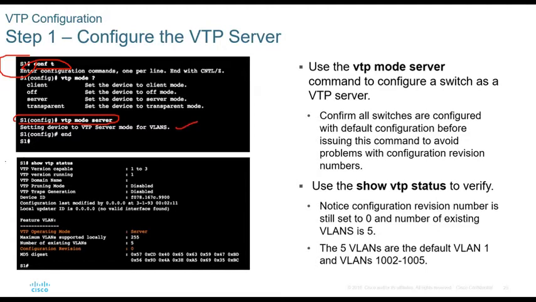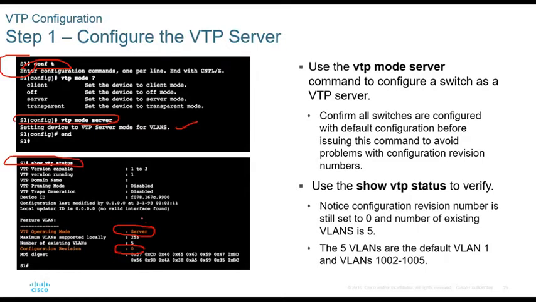To check if that switch accepted the command, we issue the command show vtp status. Once you've issued that, I need you to focus on that mode right there. It's supposed to be changed to server already. And of course, we talk about the configuration revision. The revision number will be set back to 0.